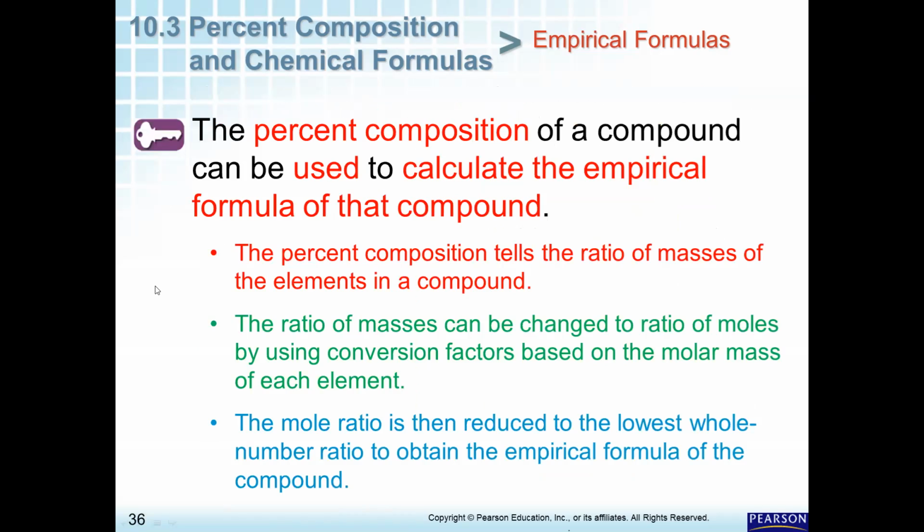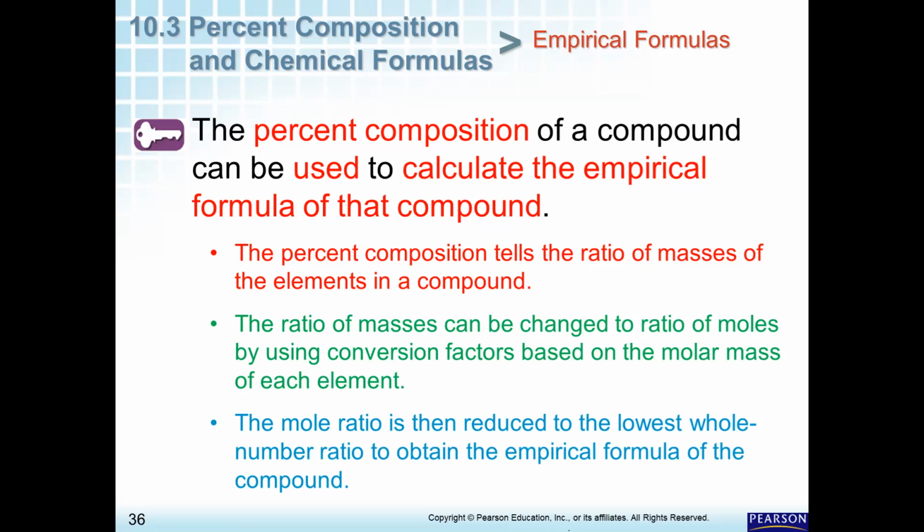We learn how to calculate the empirical formula from the percent composition. And that is by, first of all, when you are given the percent composition, you have to assume that if you have a 100-gram sample, then the percentages will be grams too, right? When you say, for example, the percent composition is 40 and 60%, if you have 100 grams, then you have 40 grams of this and 60 grams of the other one, right?